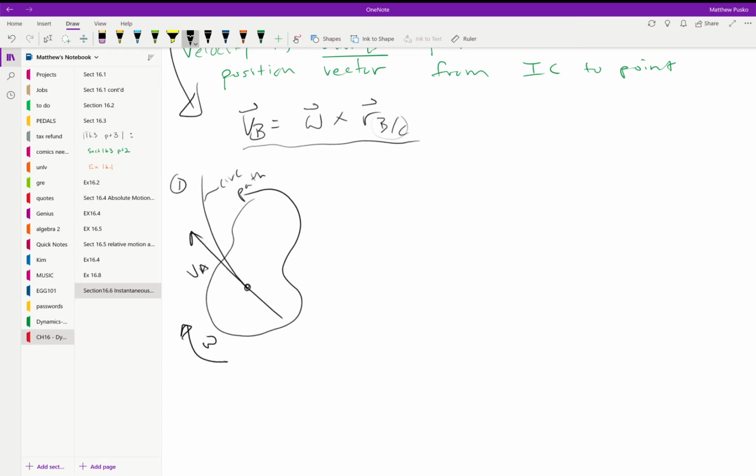If we take this velocity and trace this distance r of A with respect to the instantaneous center, that distance needs to be equal to the velocity over omega if we rearrange this formula, right? Oh, I should never write it r omega. I should always write it omega r so we remember the cross product correctly. So if you draw this distance to be vA over omega, this will be perpendicular, and this right here is your instantaneous center of zero velocity.